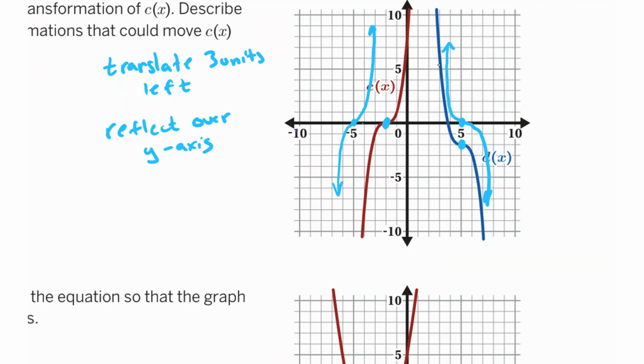And when I do that, now I have this function that lands right on top of d of x. So lastly, translate my function 2 units down. And there's a couple different ways that you could list out how this works. I'm going to try and stay consistent over how we do these, and you'll see how the order of operations works as we go.